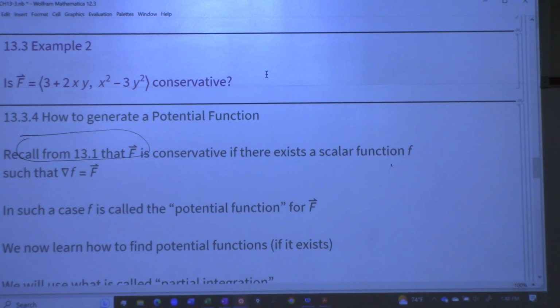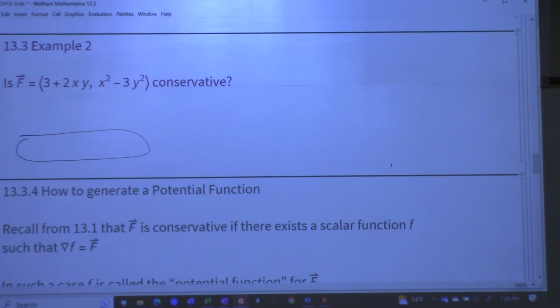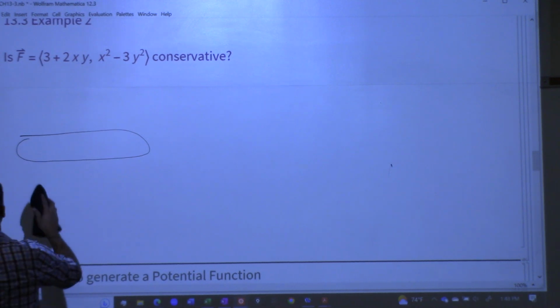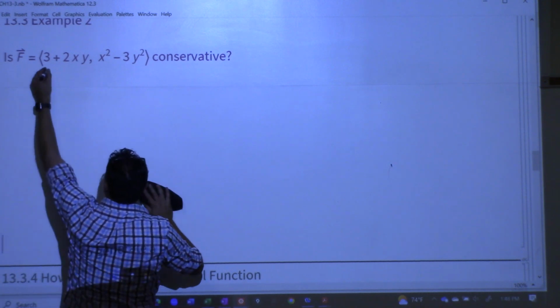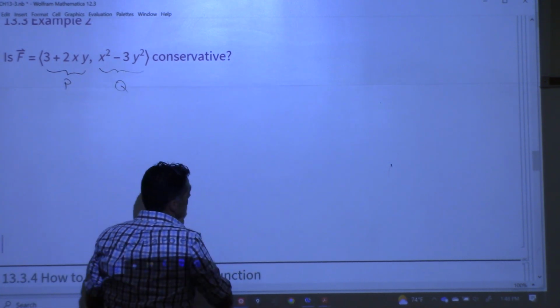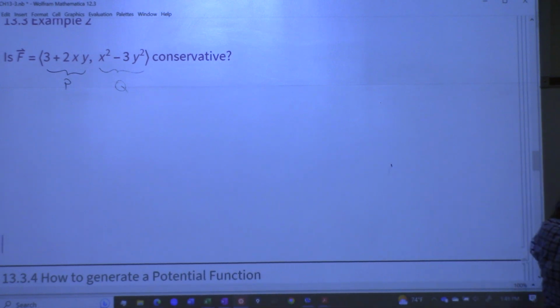So look at that field right there. Is that a conservative vector field or not? Well, P is the first component function, and this is Q. The check that we have to do is this: we take the partial of P with respect to y and ask ourselves, is that equal to the partial of Q with respect to x?